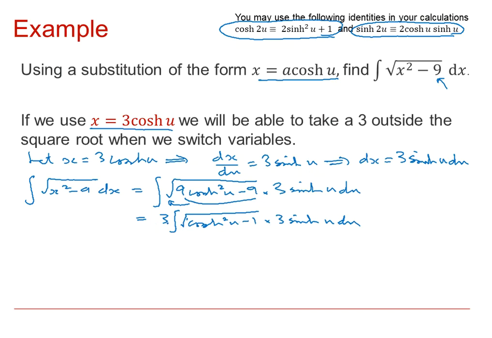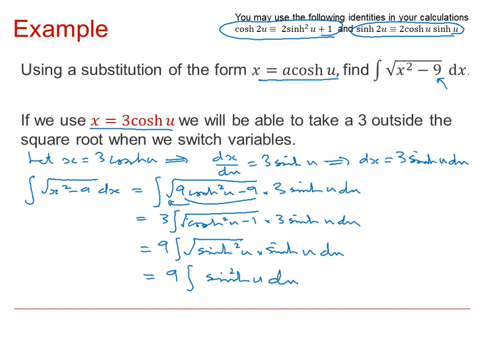So now I'm going to do the 3 times 3 equals 9, and cosh squared u minus 1 is the same as sinh squared u, so this becomes the square root of sinh squared u times another sinh u du, which is 9 times the integral. We're square rooting sinh squared, which is sinh u, and then we're timesing by another sinh u, so that's sinh squared u du. So we are well on the way to making this integral easier to complete.